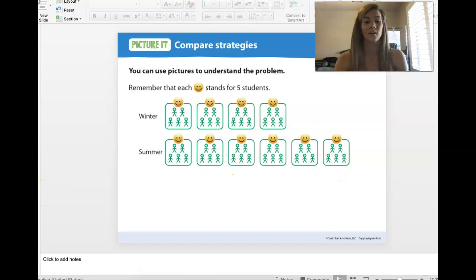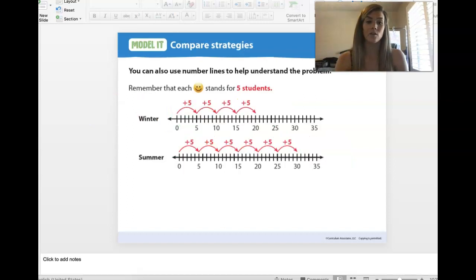Okay. So not only can you use pictures to understand the problem, you can use number lines. Anya, here you go, girl. You love number lines. This is for you. So you can also use number lines to help understand the problem. Remember that each little smiley emoji stands for 5 students. When you're using the number line, you start hopping from your 0.